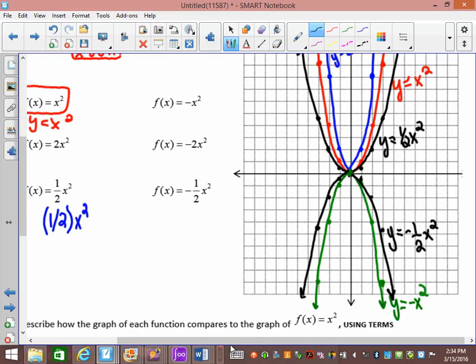The number in front, if it is greater than 1, makes it narrower, down or up. And the only thing that changes whether it's up or down is just this sign. The sign makes it reflect in the x-axis, so it makes it go down. Okay? So let's flip to the next page.